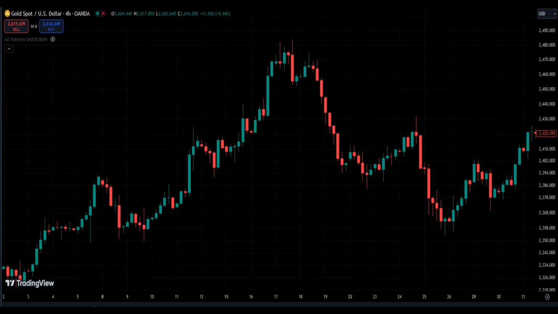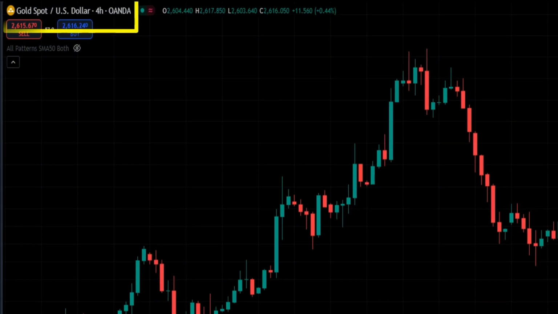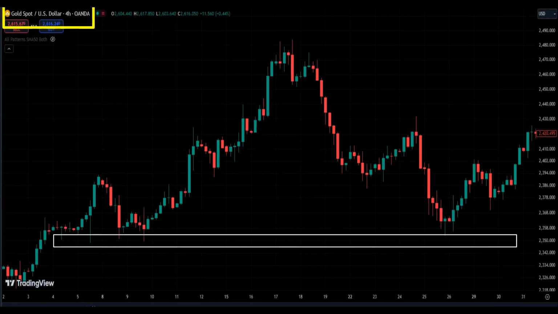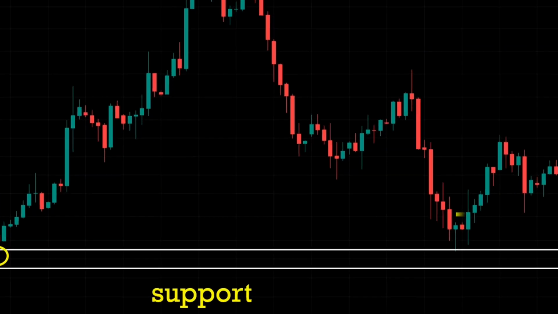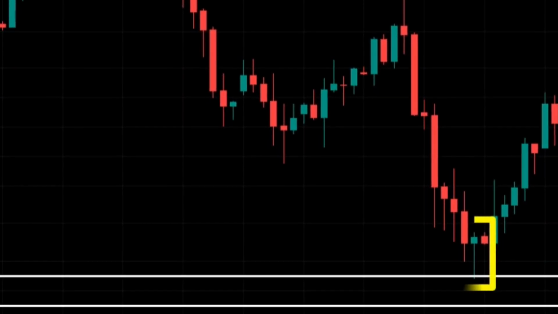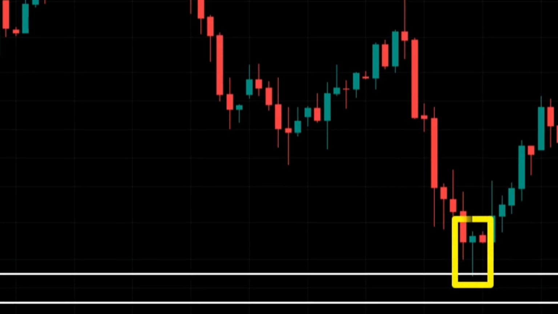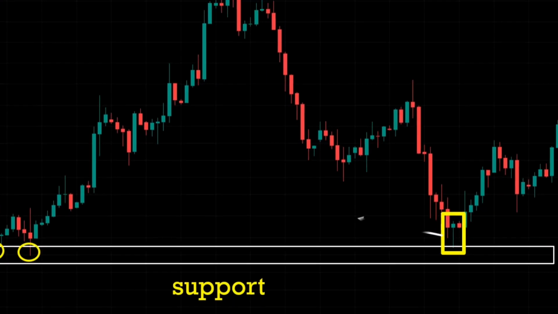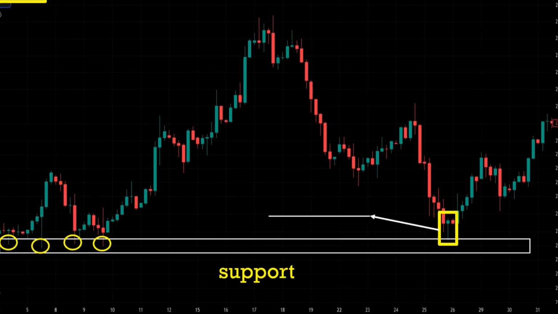In this chart, we can observe gold spot to USD, where the price has interacted with a strong support level multiple times. On the fifth touch, the price retraced to this support level, forming a bullish hammer candlestick. This signals that the downtrend is reversing and the uptrend will continue.